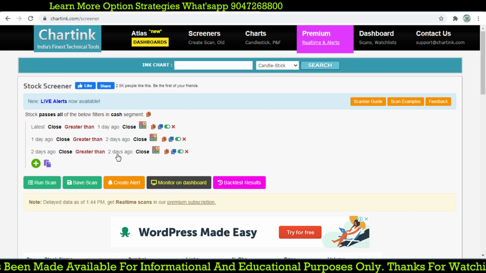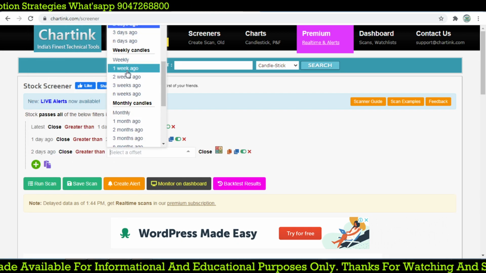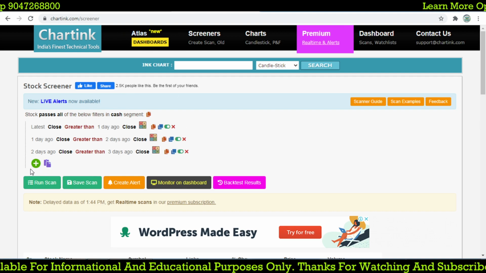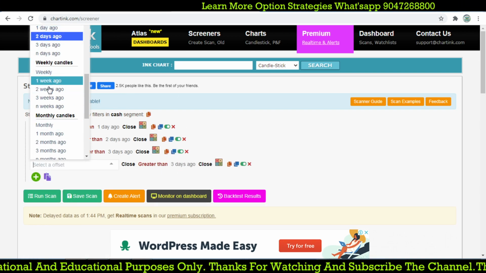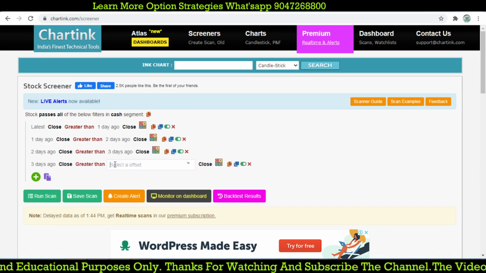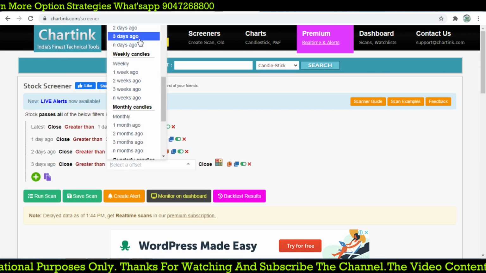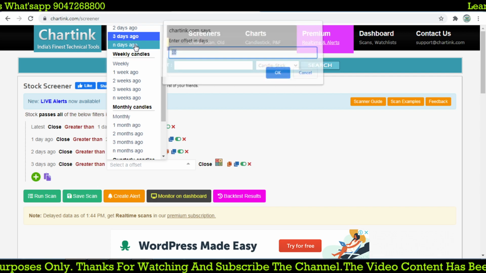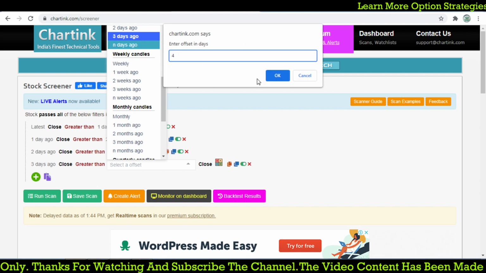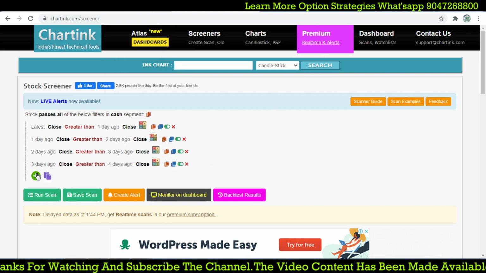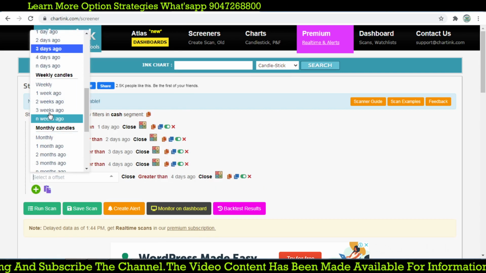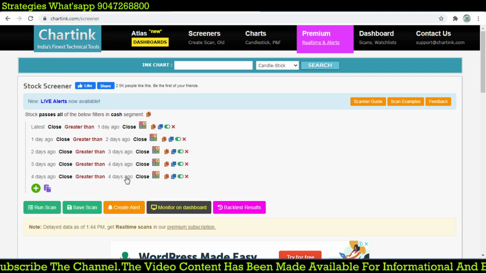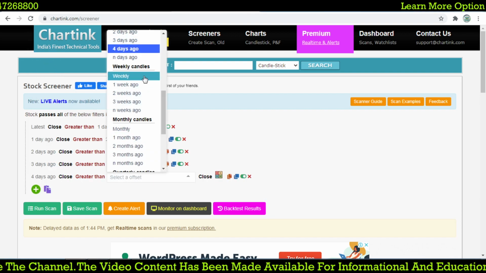2 days ago close price is greater than 3 days ago close price, and again I have copied it, and for 3 days ago close price I am going to make it 4 days ago close. Here we only have 3 days, so we will edit it and you can update to 4 days closing price. Again I will move that, and 4 days ago's closing price is greater than 5 days ago closing price.